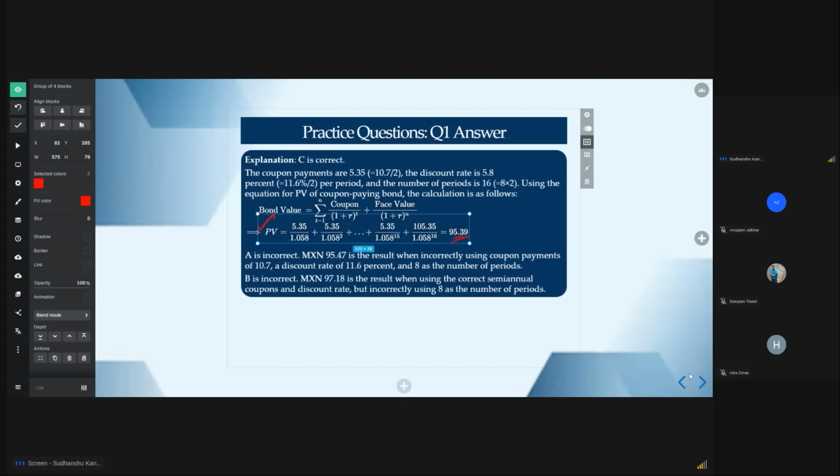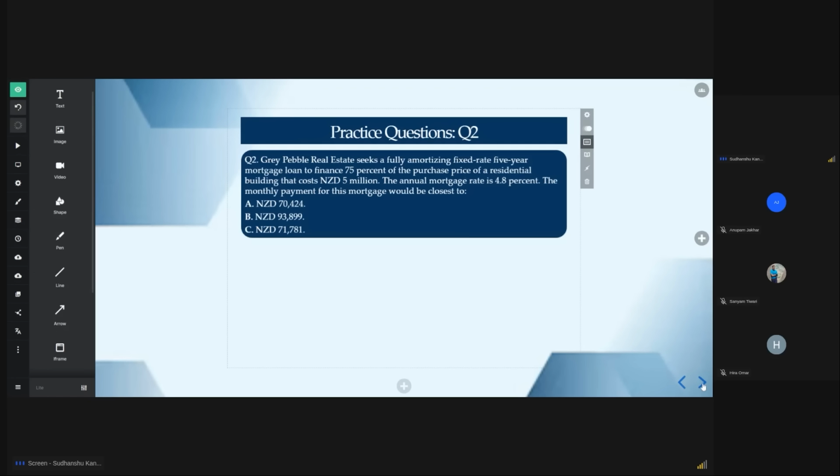Okay, let's go ahead. Again, another practice question. Okay, let's also copy this and take it there, because this will not allow me to write so much. I'll provide you this sheet also, so that will help you.